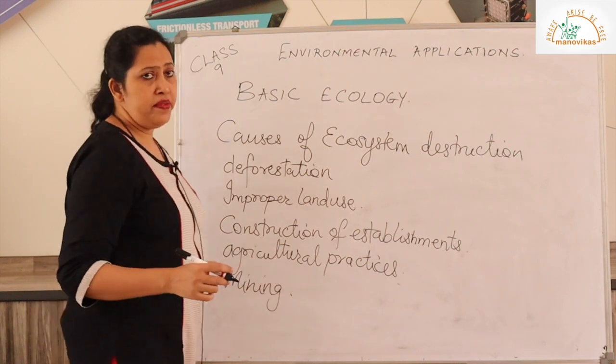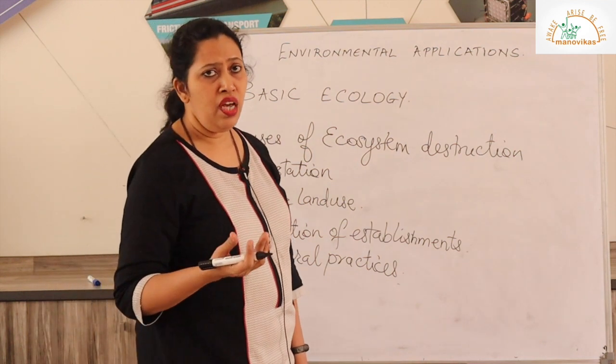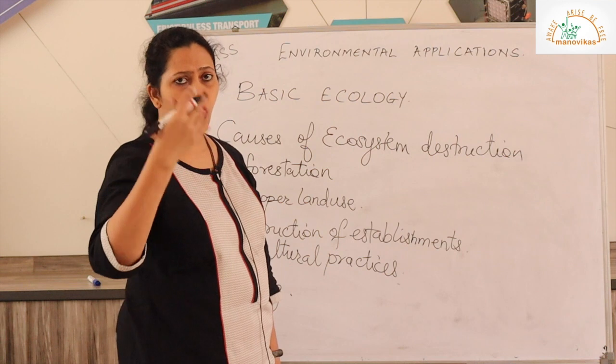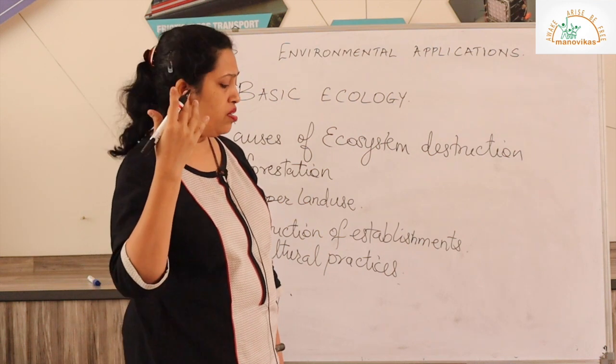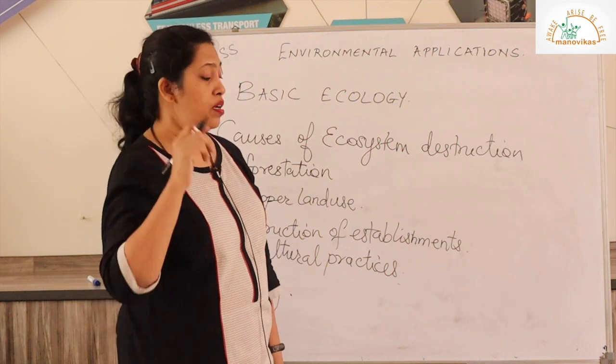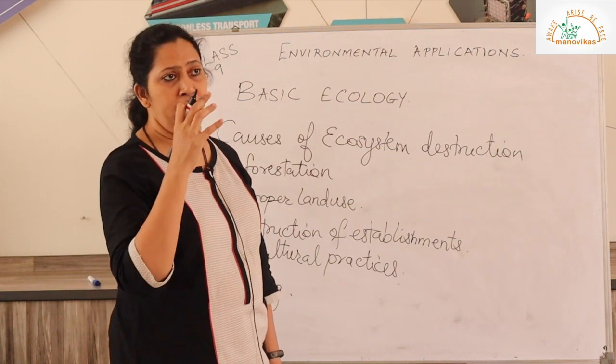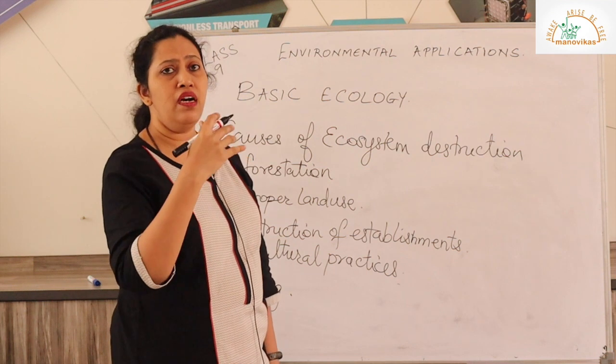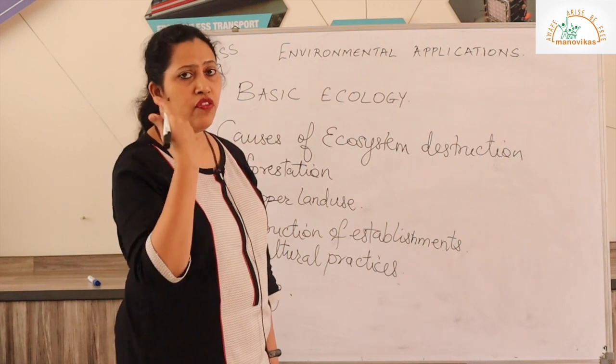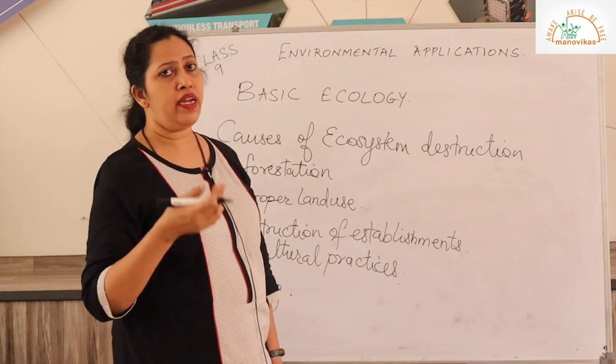Then the next is illegal mining. When mining is done, it's the same as deforestation. We are cutting out soil, over-exhausting the resource soil. When mining is going on, there should again be afforestation or reforestation in that place, but that is not happening.